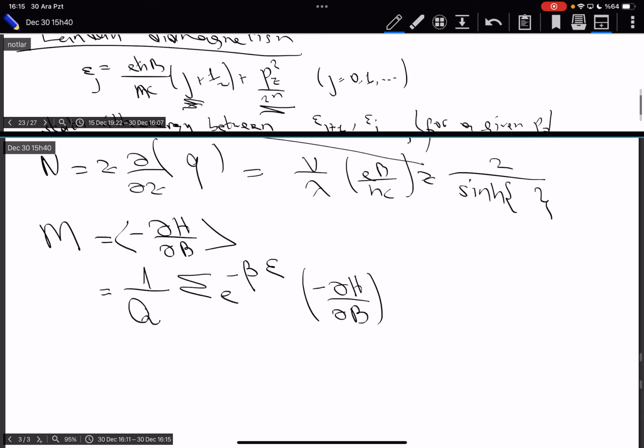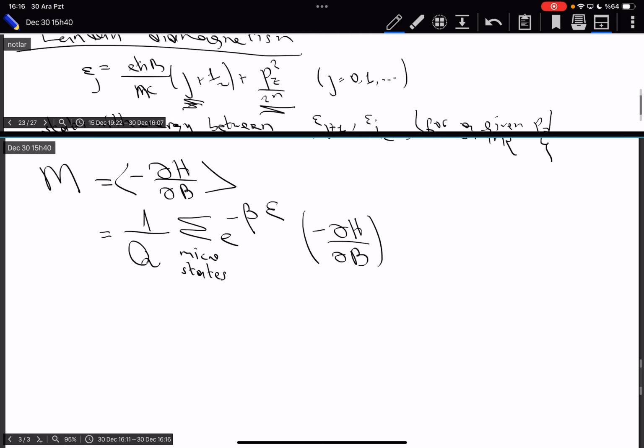This is the sum over all microstates, because I'm now writing the grand canonical partition function. That sum already contains the summation over the number of particles and the microstates, etc.